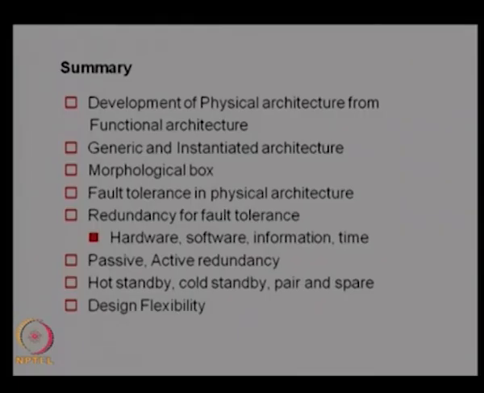So, all these methods of implementing the physical architecture are the core for developing a system, and we need to ensure that whenever we develop such systems, we look at the physical architecture, look at the functional architecture, and then from the functional architecture make a logical step towards physical architecture, identify the components, implement the additional functions like fault tolerance, and make sure that the system has the characteristics for future expansion also.